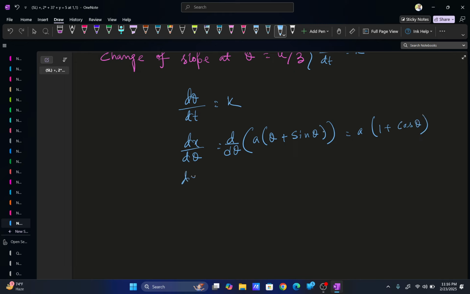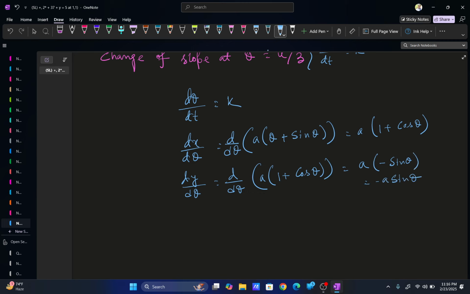For dy/d theta it is d/d theta of a(1 plus cos theta), which is a times minus sine theta, so minus a sine theta.